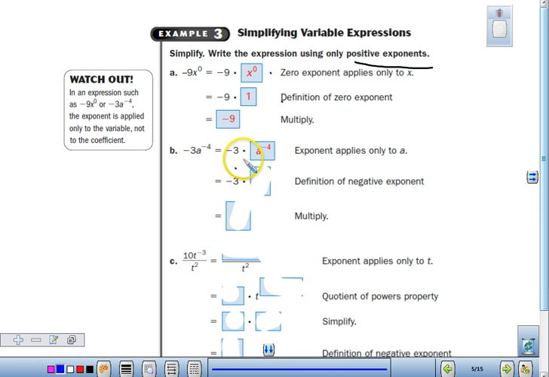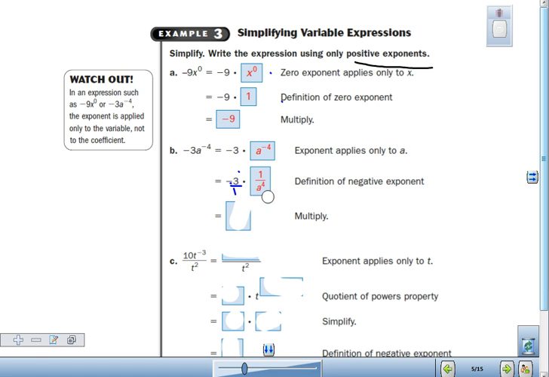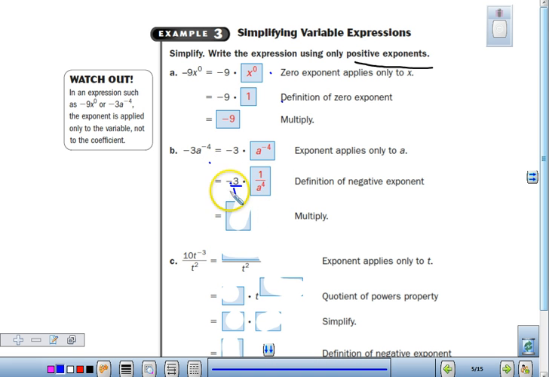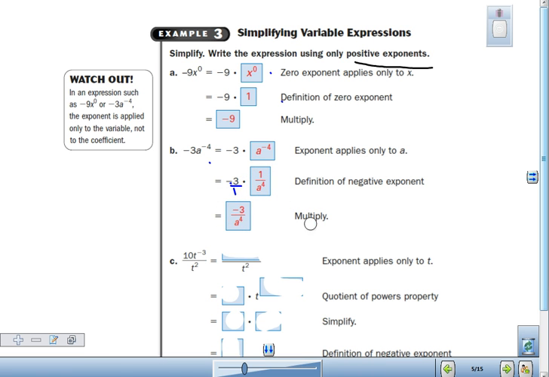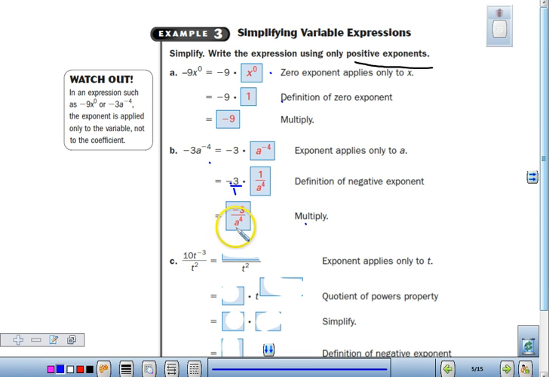We can't have negative exponents, so we change that to negative 3 over 1 times 1 over a to the 4th. Now we multiply our numerator and denominator. We cannot simplify, so negative 3 times 1 gives us a final answer of negative 3 divided by a to the 4th.